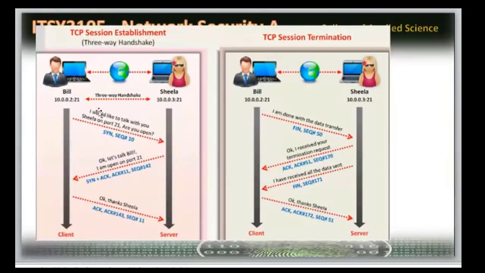For connection establishment, three-way handshake: SYN plus acknowledgement. For closing the connection, four steps: FIN, acknowledgement, FIN, acknowledgement.